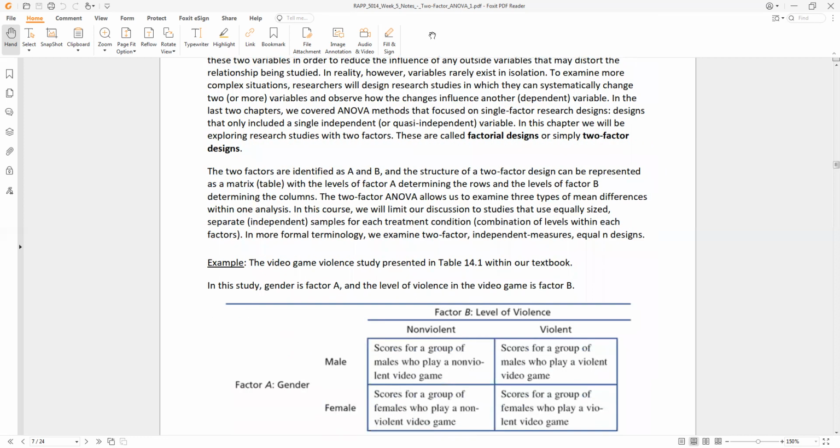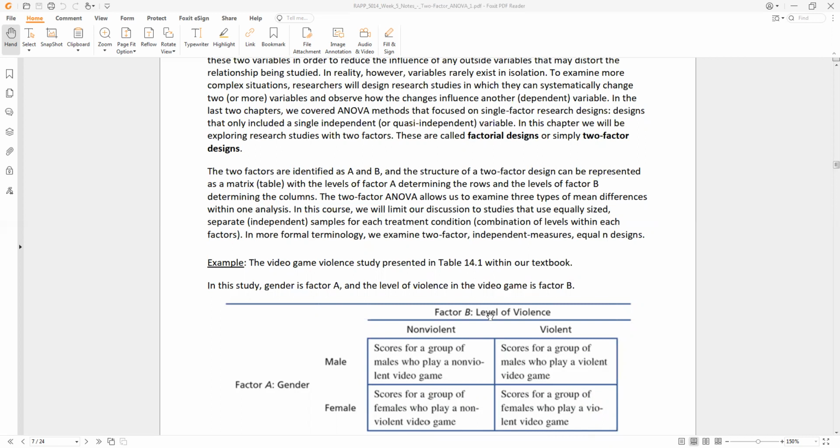And when we have these multiple factors, right, we're talking about two different variables, each of which is a categorical variable. So the example here, they have gender, male, female as factor A, and then level of violence, non-violent versus violent as factor B. And we are seeing how those two categorical variables affect a response variable, which is like a scale variable, like a continuous variable, generally speaking.